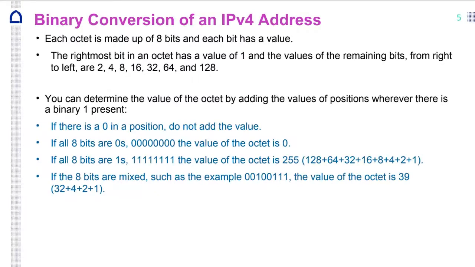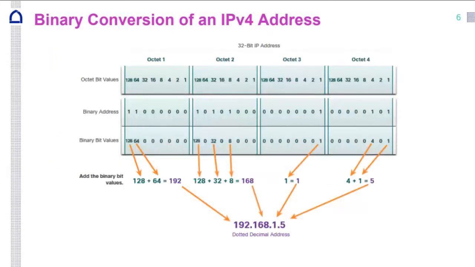I have 1 plus 2 plus 4, then I have plus 32. Any questions? So this is the conversion, how it is done. You need to convert each octet, or each part, into its binary. We will do some examples, don't worry.